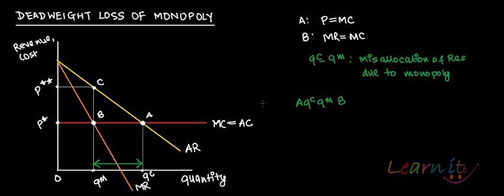Now, when the market was perfectly competitive, what was the consumer surplus? Let's say this point is E. Consumer surplus in perfect competition was given by A P star E. This was the consumer surplus. Now, in case of monopoly, what is the consumer surplus?